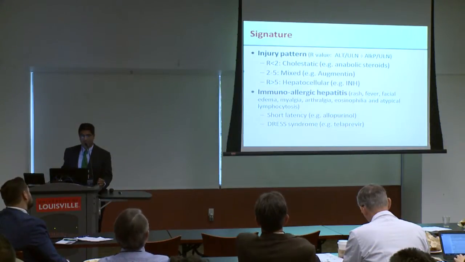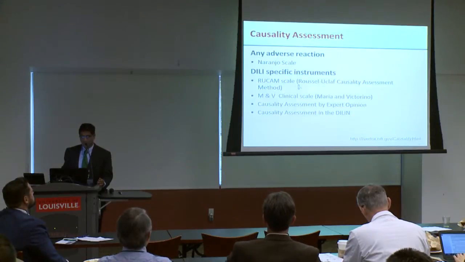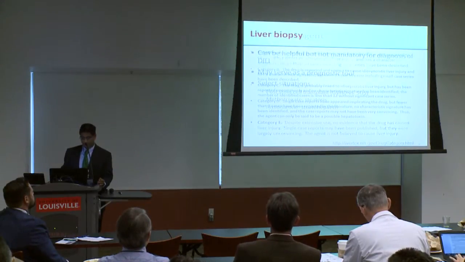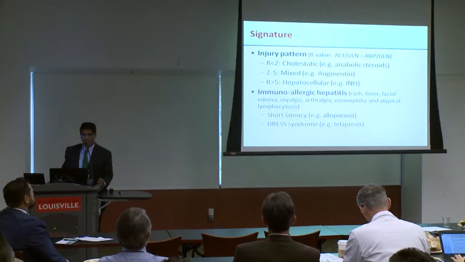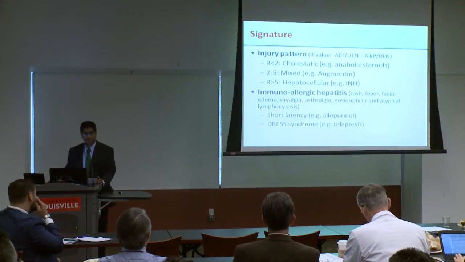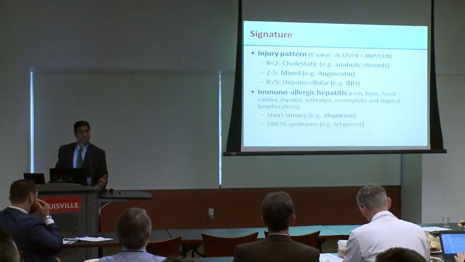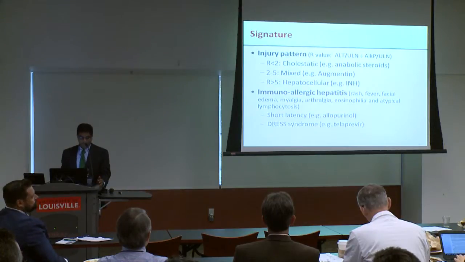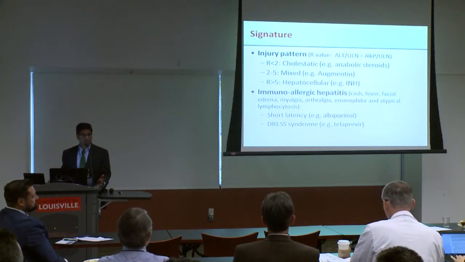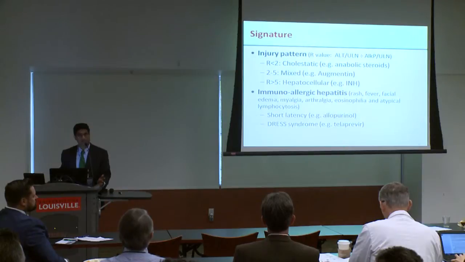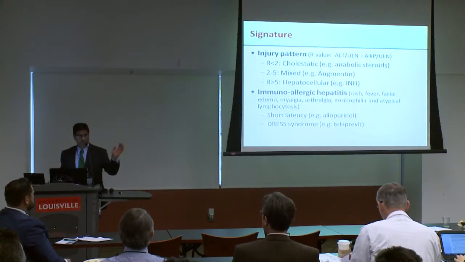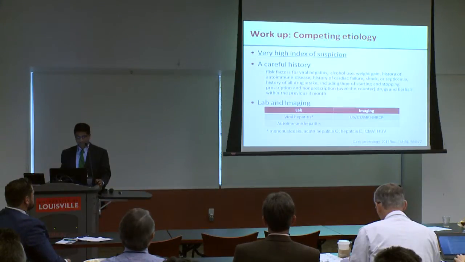Or if it is hepatocellular, we think it's an INH-like injury. And some drugs cause immunoallergic hepatitis, with rash and fever. This is more maybe HLA-mediated injury, with short latency, and then you have DRESS syndrome, which is nephritis, hepatitis, skin rash, and the whole global adverse event.